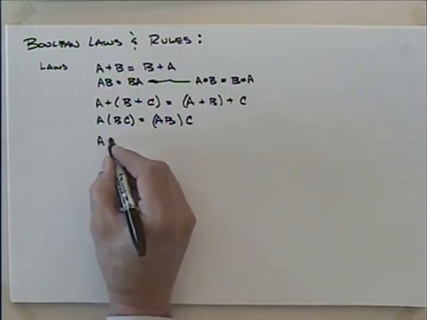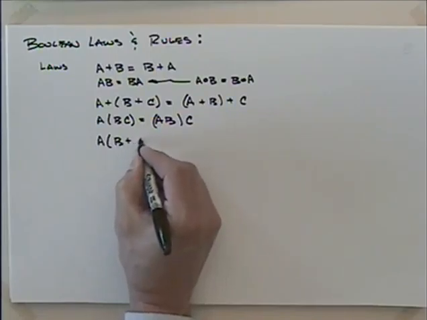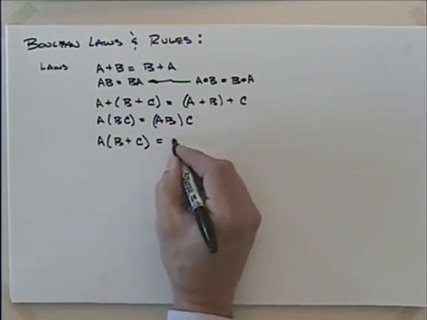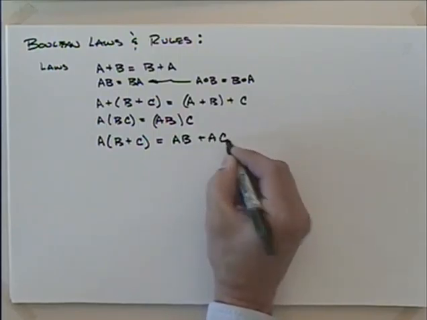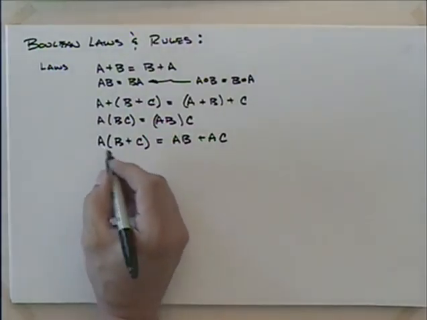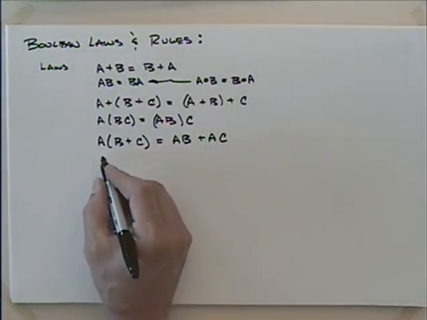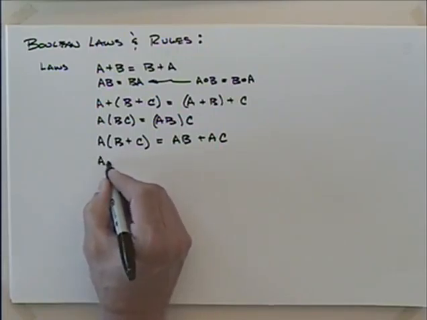So A and B or C would be A and B or A and C. So we have the distributive law. And I guess this would be analogous to foiling in our base 10 system.